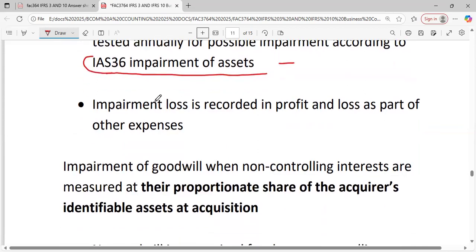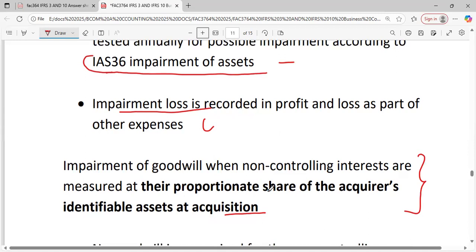So if in your questions you have an impairment loss, it means you also need to take it to the profit and loss as part of other expenses. And then another key thing here, impairment of goodwill when non-controlling interests are measured at their proportionate share of the acquirer's identifiable assets. Remember what it means there.